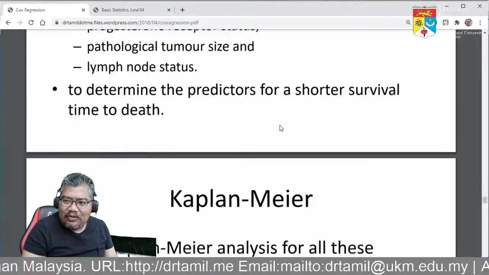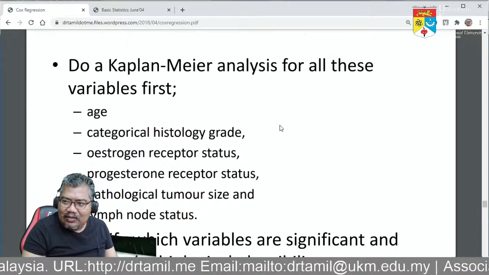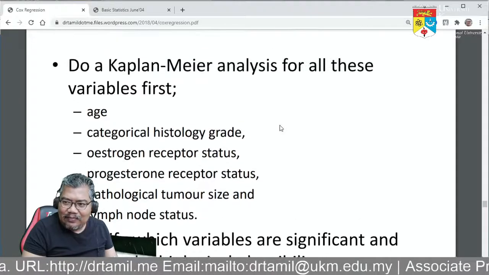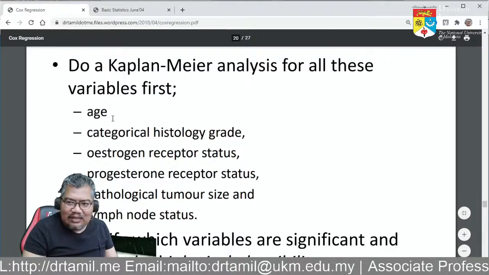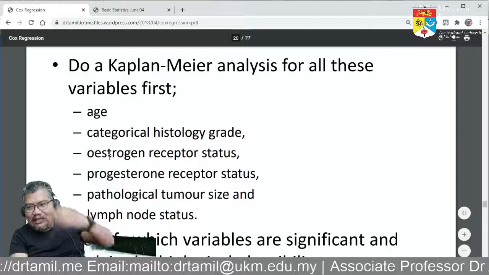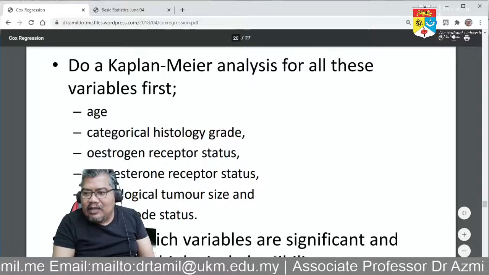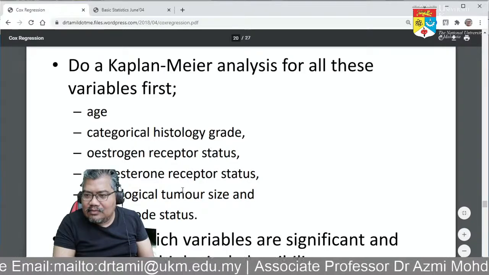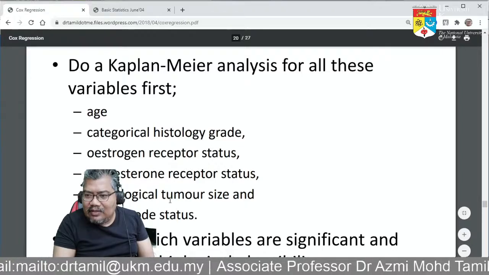We already showed this one. We did a Kaplan-Meier analysis for all these variables first. I already stated that for age we cannot get different lines because it is continuous data. So we already did all this.